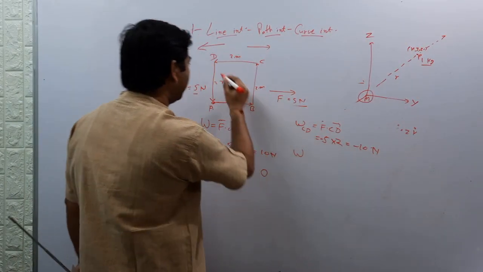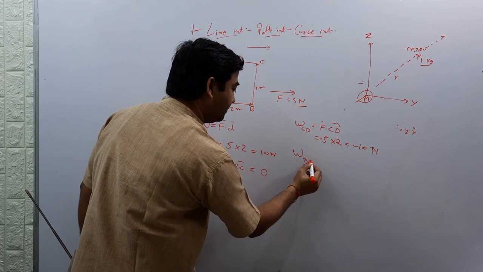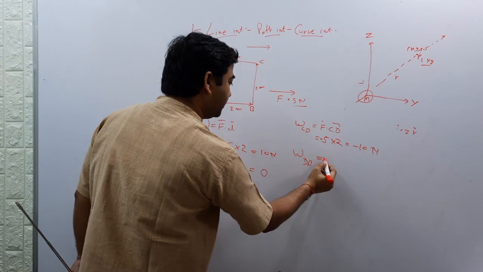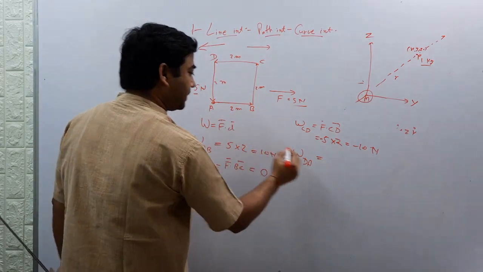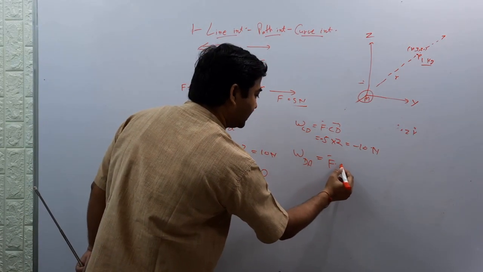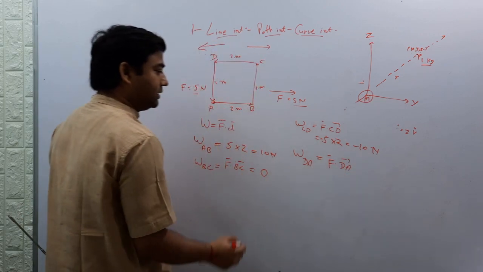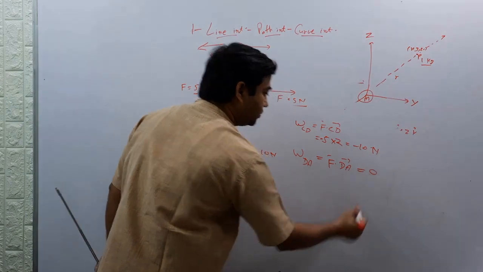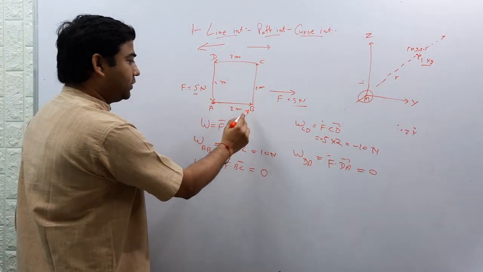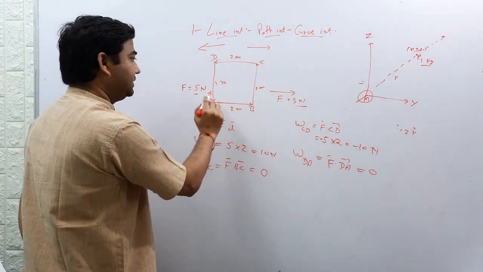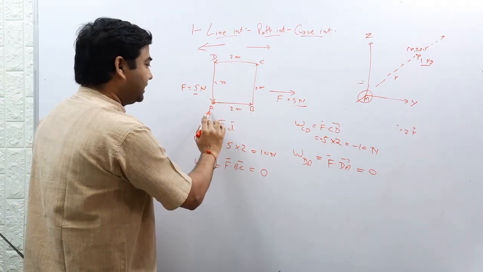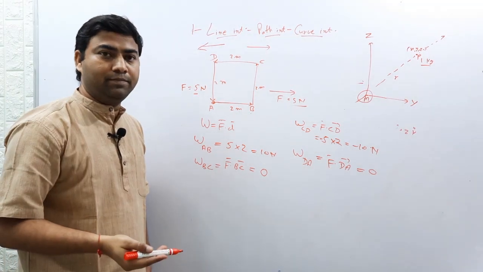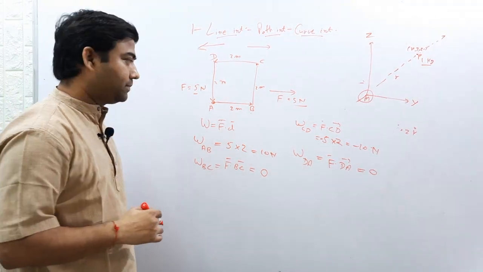Similarly work done from DA, when the particle moves from D to A: F dot displacement vector DA. Displacement vector and F are perpendicular, so this is 0. So for vectors BC and DA the dot product is 0, and for vector AB and vector CD the dot product is the same but opposite in sign.